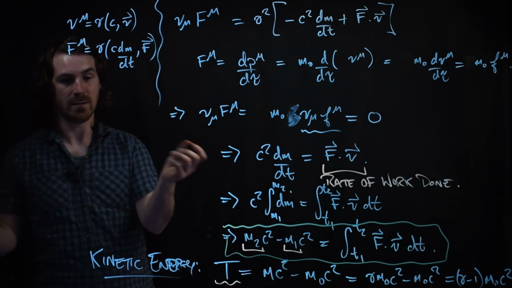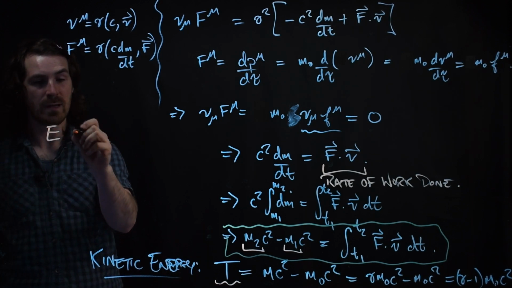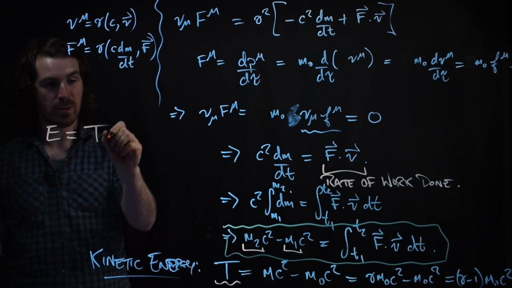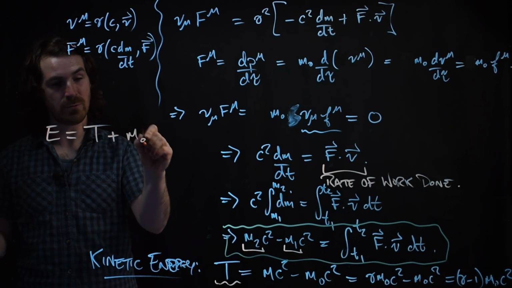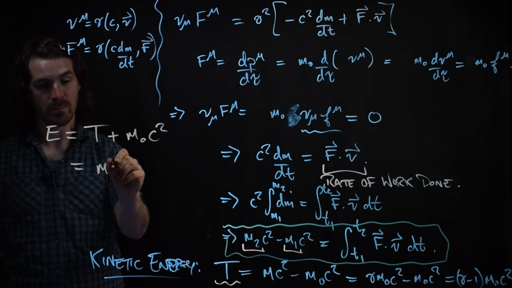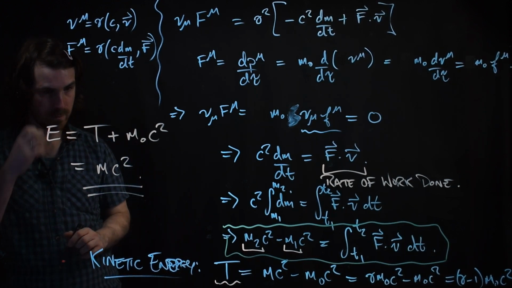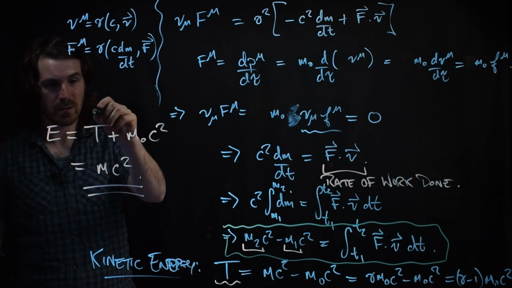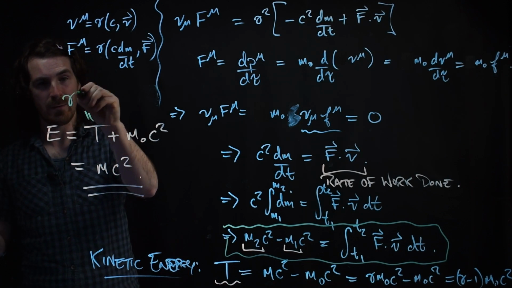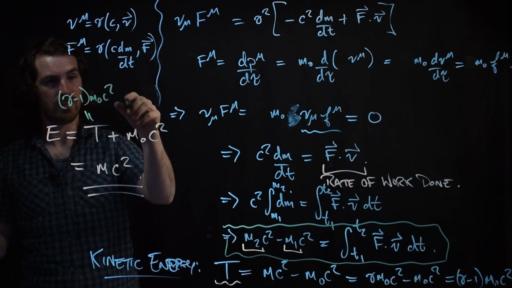Okay, so Einstein defined the energy of a particle, E, as the kinetic energy plus m0, the rest mass, c squared. We call this mc squared. We can just check: T is gamma minus 1 times m0 c squared, and we've got another m0 c squared.